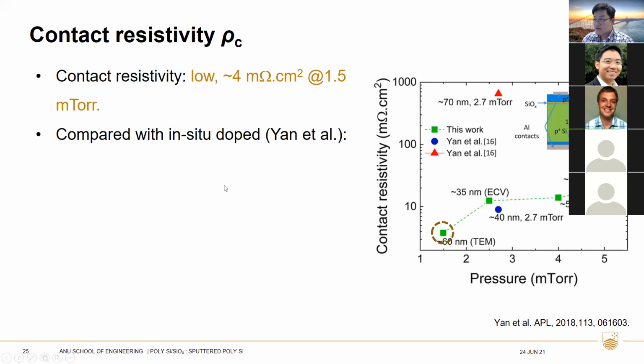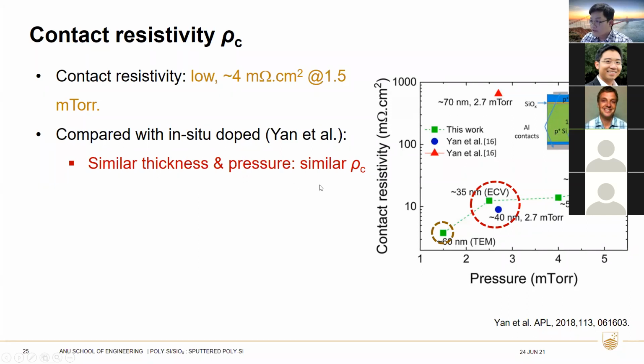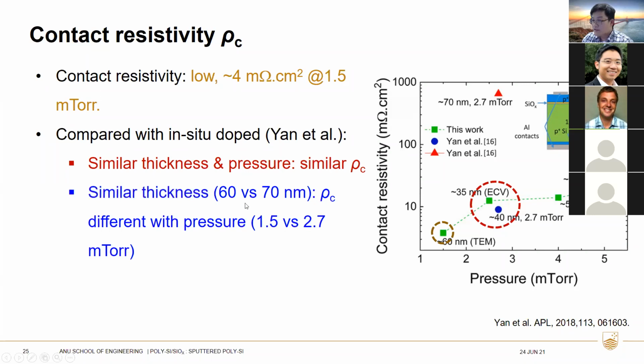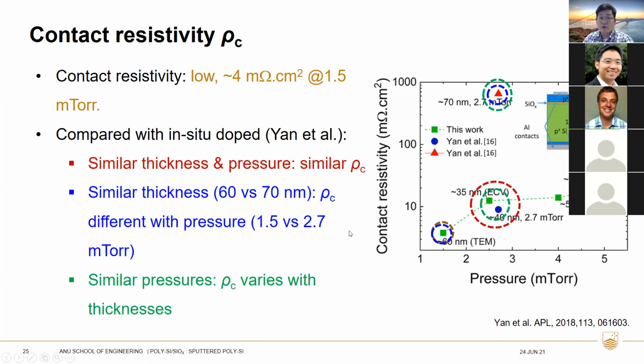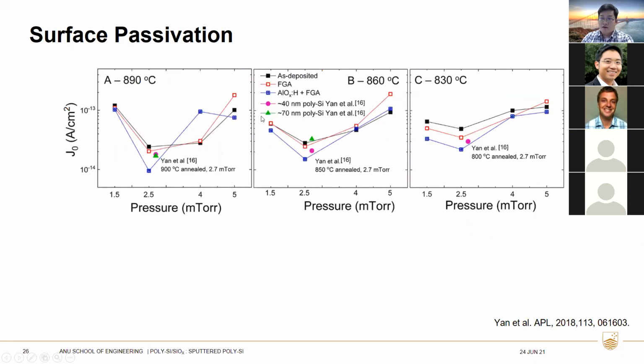From Diyan, we see that for similar thicknesses and pressure, we see similar contact resistivity. For similar thickness, here 60 and 70 nanometer, the contact resistivity differs with pressures. And for similar pressures, the contact resistivity varies with the thicknesses.